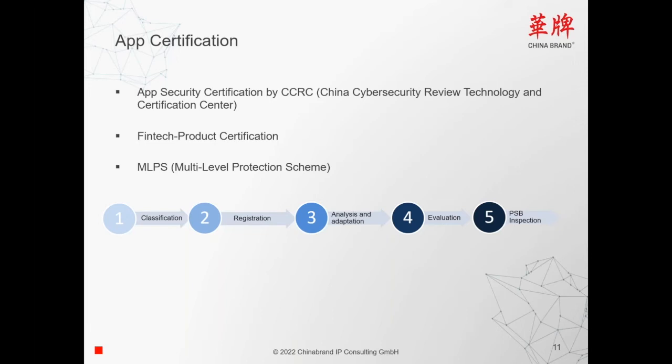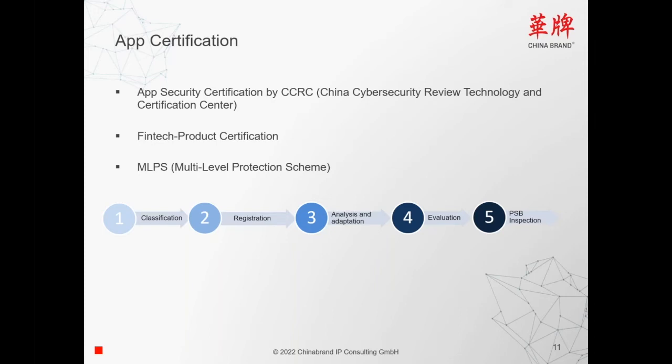MLPS is the abbreviation of Multi-Level Protection Scheme. The obligation of implementing the MLPS comes from the cybersecurity law in China, and the MLPS is an official classification system whereby the company must demonstrate that its network is sufficiently protected by audit.